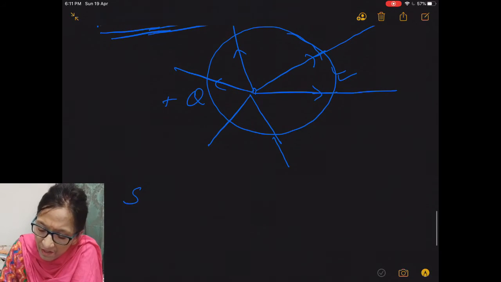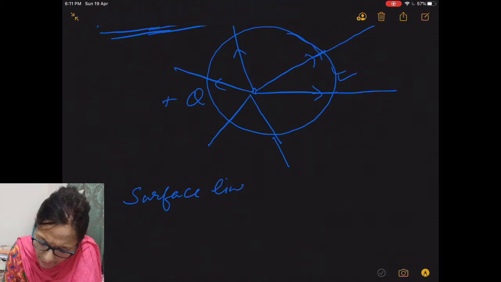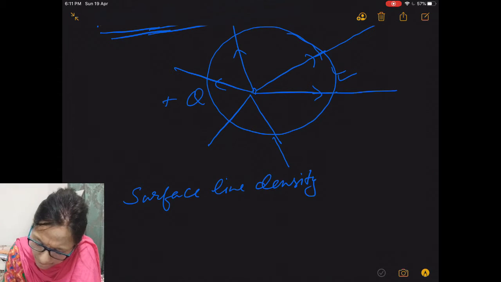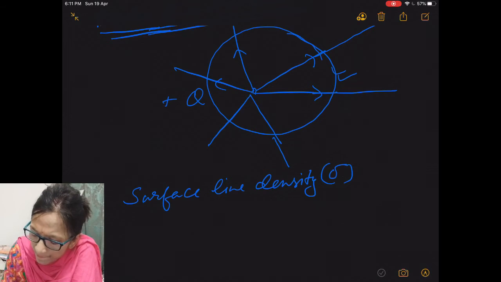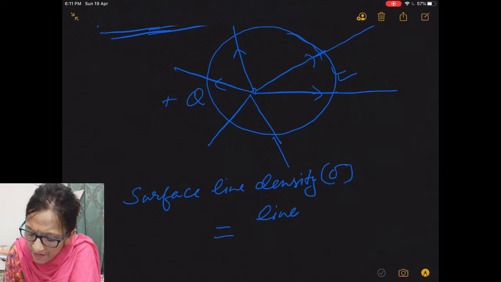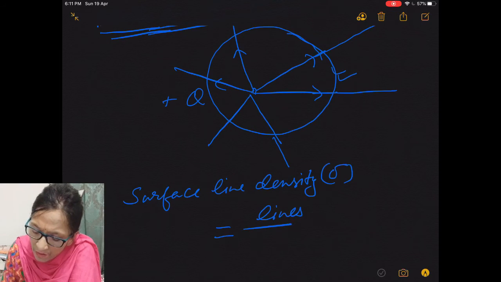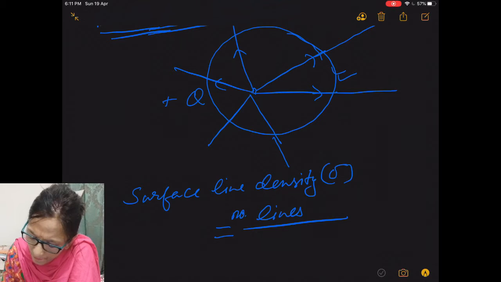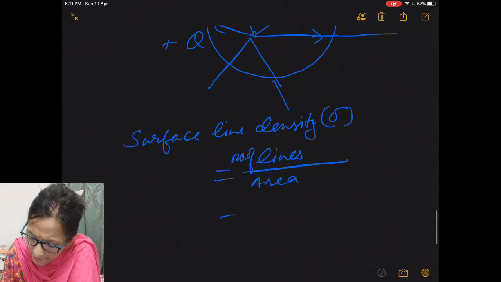Since it is surface line density, it will be written as sigma. We have already learned these are called sigma. So surface line density will be equal to number of lines divided by area.